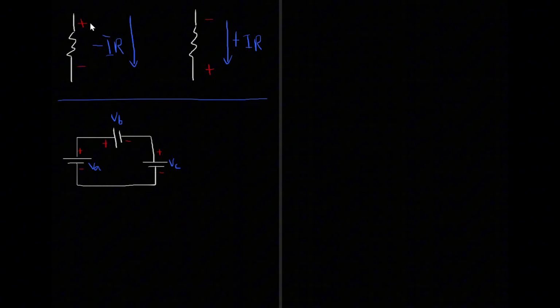So again, if the voltage goes from a high to low potential, the current is going to be decreasing, so it's going to be minus voltage, and the equation for voltage is V equals IR. So whatever current we calculate, we multiply it by resistance, and the voltage is going to be negative, so there's going to be a negative voltage drop. If it's going from a low to high potential, and the current is flowing towards the high potential, it's going to be a positive voltage.